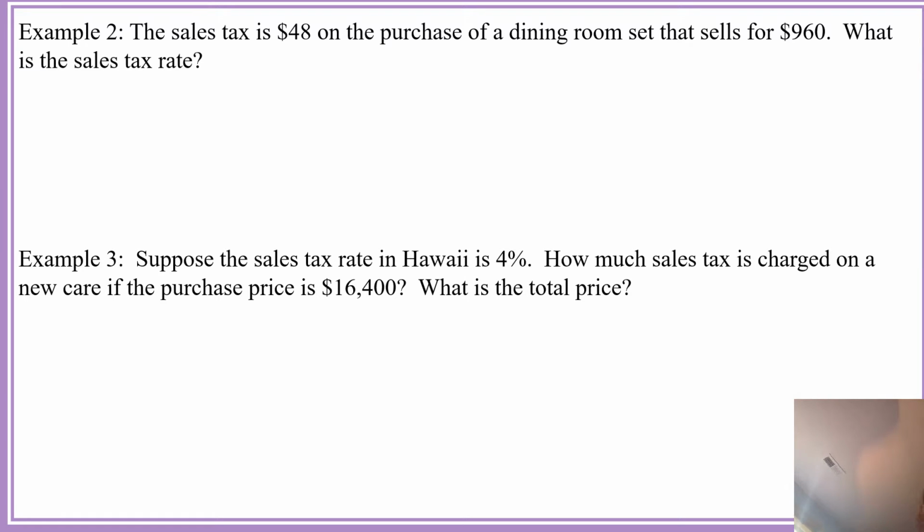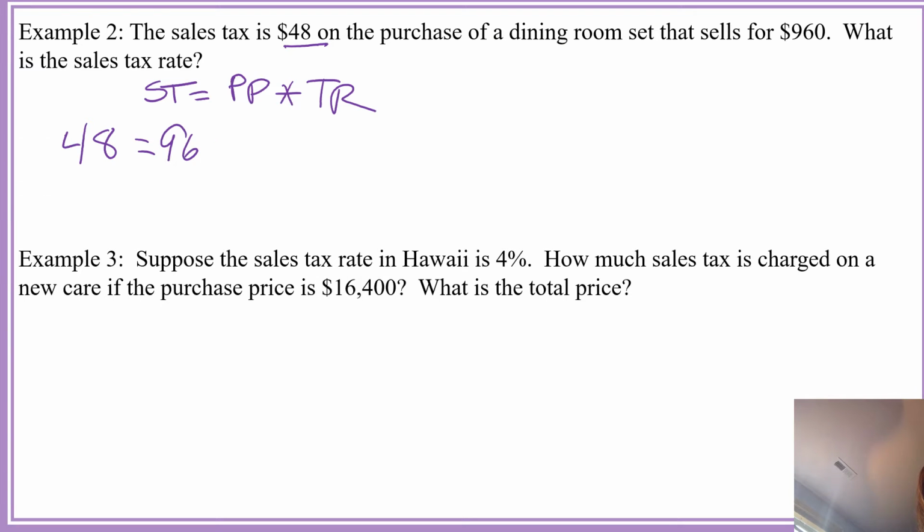All right, sales tax is $48. Okay, so that means the sales tax was equal to the purchase price times the tax rate. So the sales tax is $48, so that's 48 equals, on the purchase of a dining room set that sells for $960. So purchase price is $960. What is the sales tax rate?